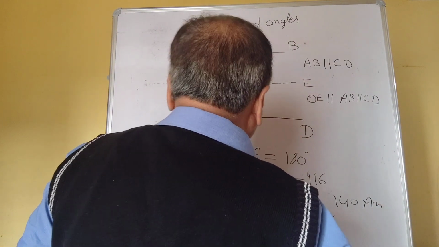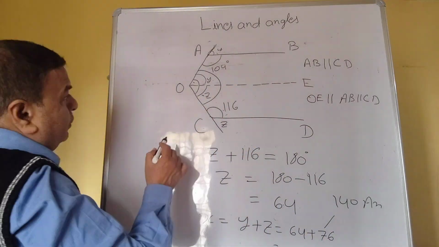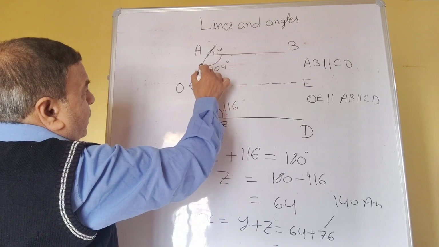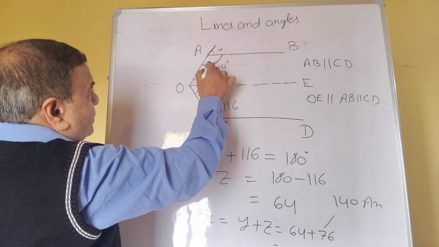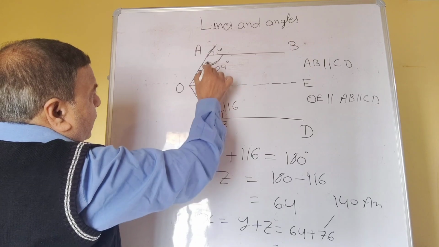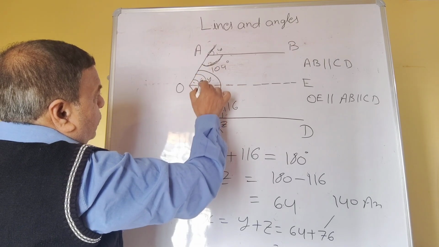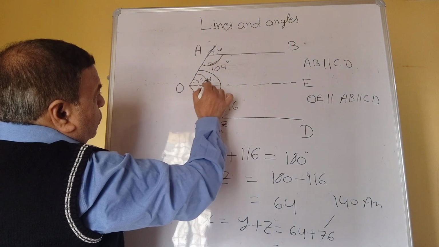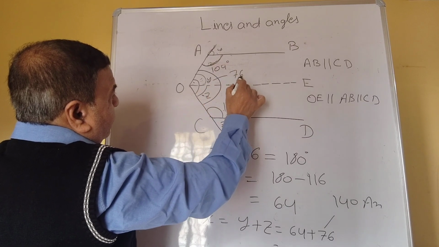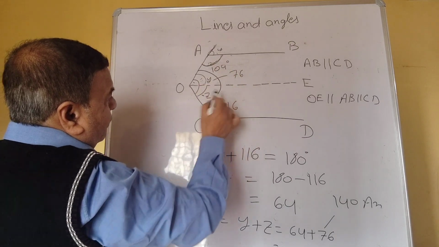This is the answer. Let me explain it once again. If we draw two parallel lines, these are interior angles, and this angle and this angle make 180. So we add these two, 180. So Y will become 76. 76 plus 4 is 80, plus 180.